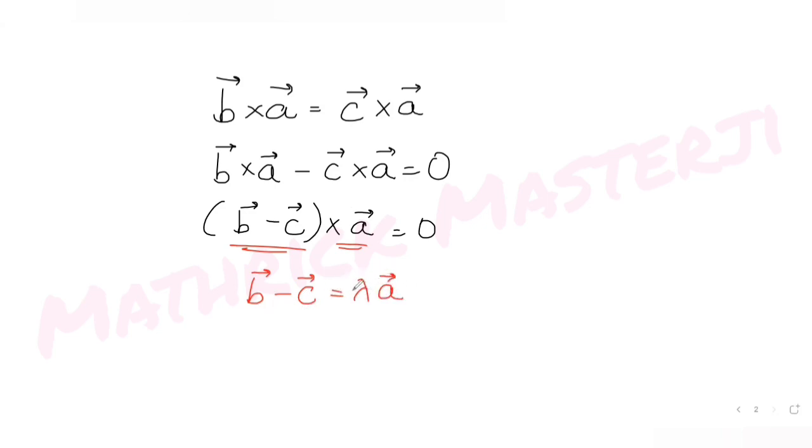So B minus C is a scalar multiple, lambda, into vector A. From here I get B vector equals C vector plus lambda into A vector.